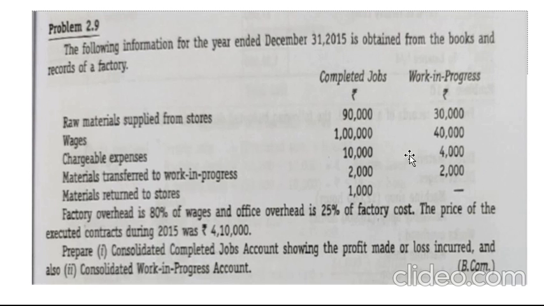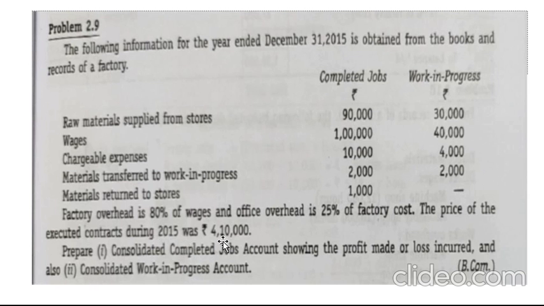So this completed job is for the year ended December 31st, 2015, so this sales belongs to 2015. This work in progress will continue after 31st December, that is from January 2016. So as it is 2015, this 4,10,000 belongs to completed jobs account.